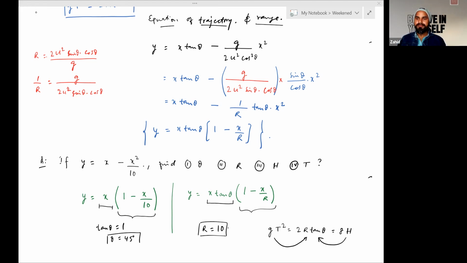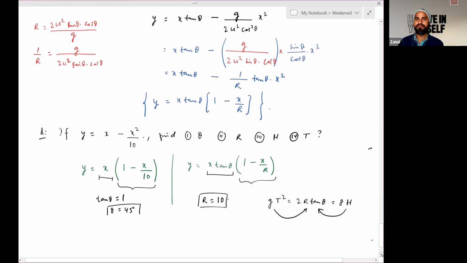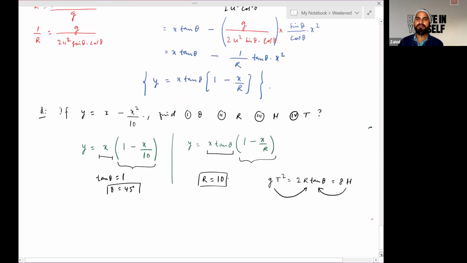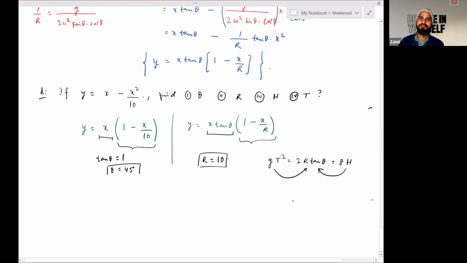Good. If we equate the first two terms, it will be g times t square equals 2 times R tan theta. g is 10.